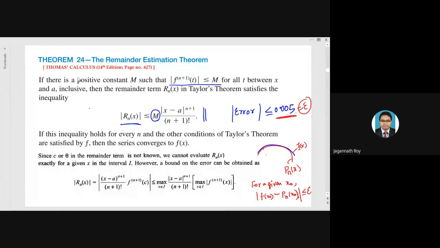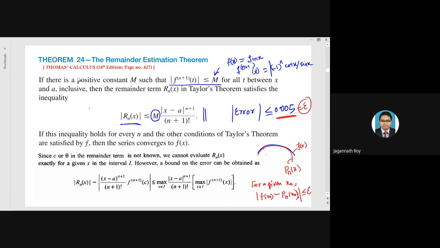For example, if your function is f(x) equals sin x, the (n+1)th derivative is either plus or minus cosine x or sine x, depending on the n value.